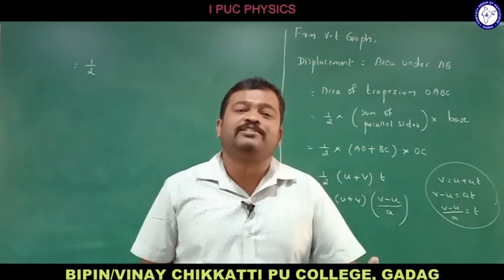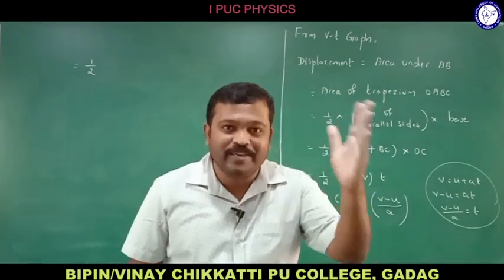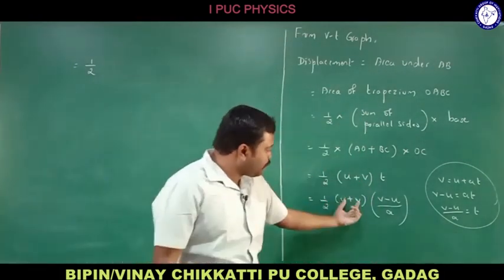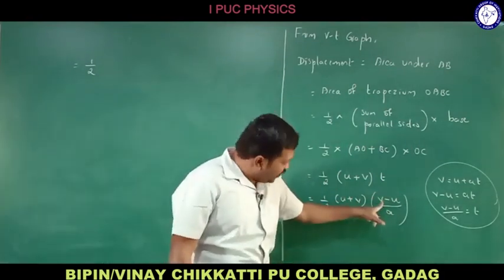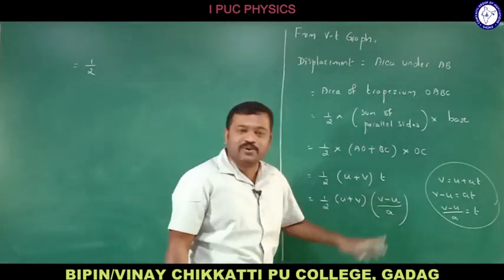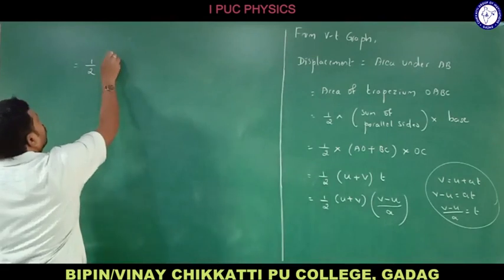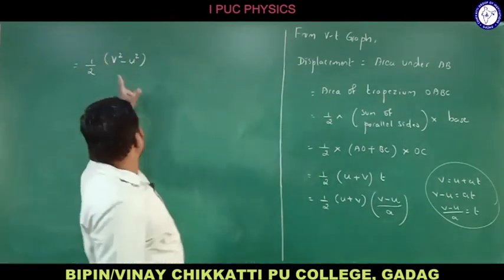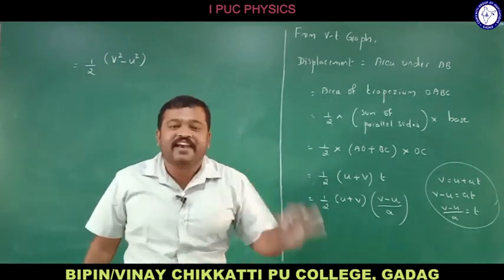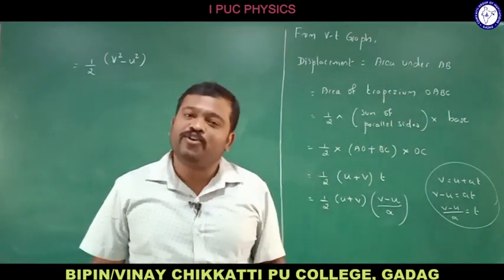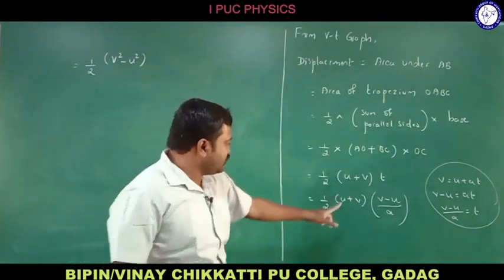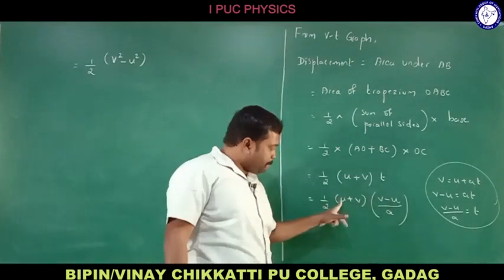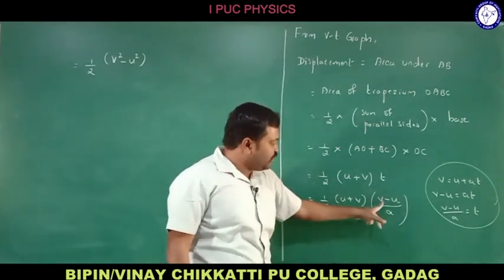It is a square minus b square. It is similar to a plus b, a minus b, means v square minus u square. So that is equal to v square minus u square. How did you get this? By using the identity a plus b into a minus b is equal to a square minus b square. So this is a minus b, this is a plus b, that is why v square minus u square.